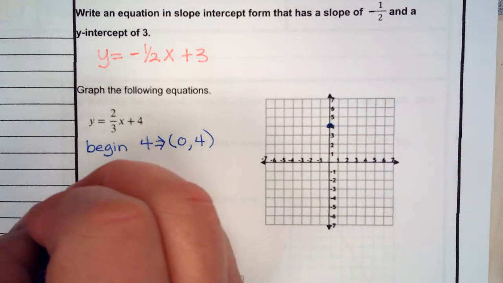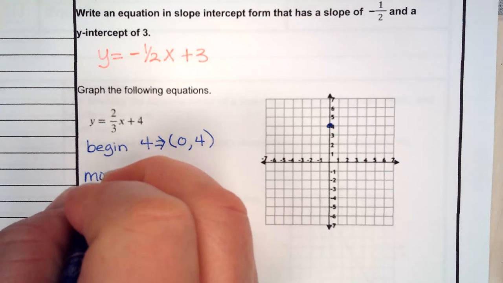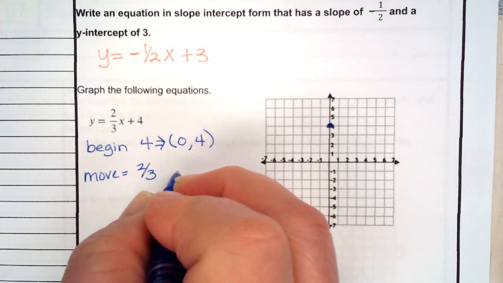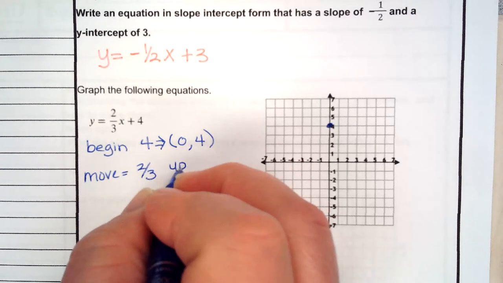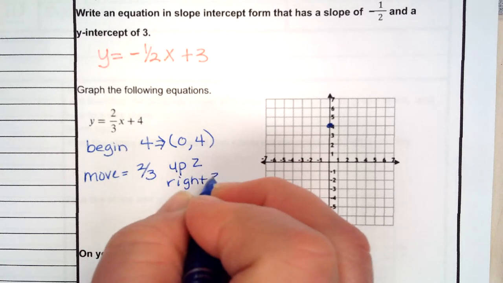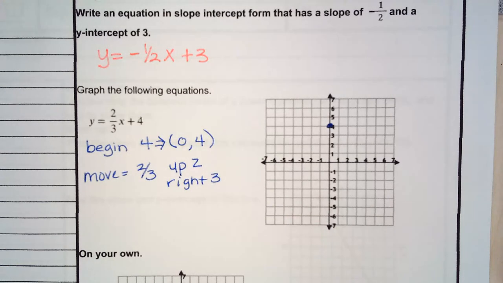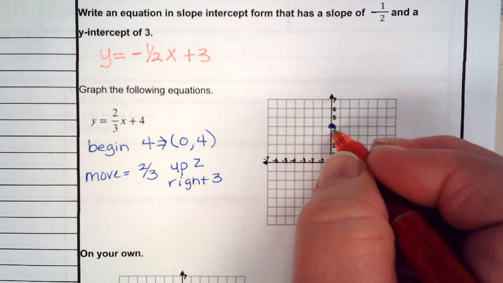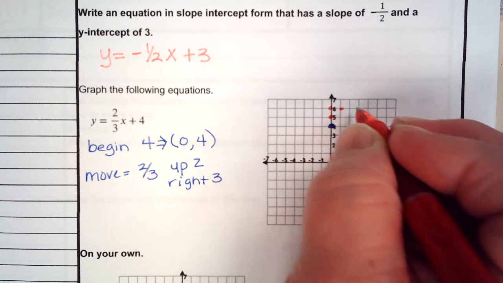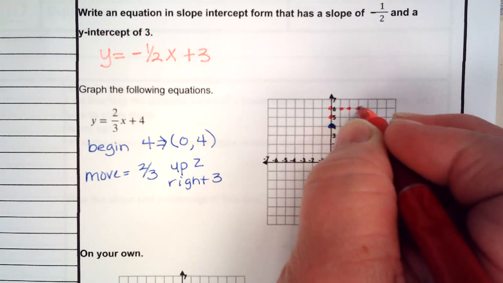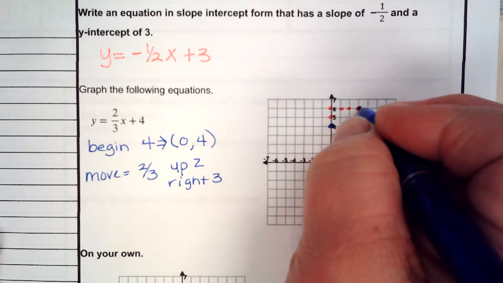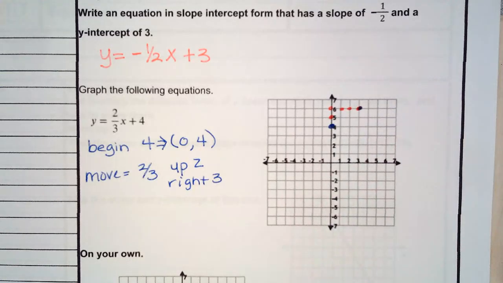I move 2/3. That's your slope, which means I go up 2, right 3. So I start at the point I've identified. I go up 1, 2, and then I go right 1, 2, 3. I now have identified 2 points, and I can draw my line.